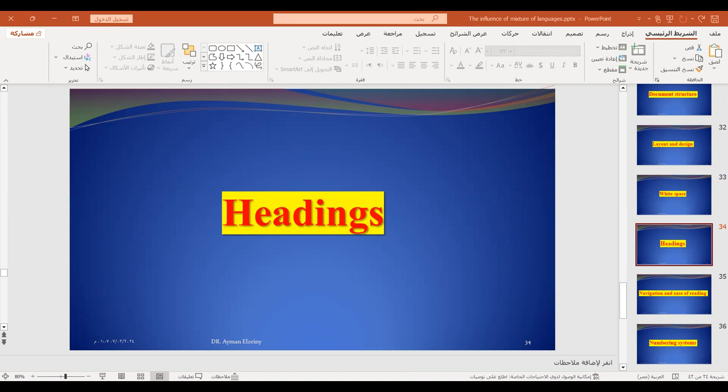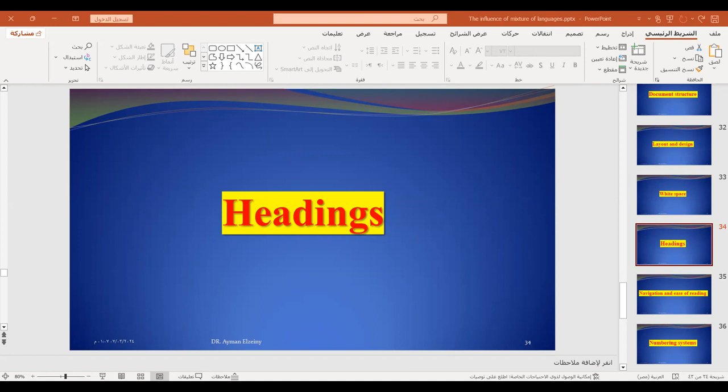In particular, use a bold central heading at the beginning of the document to identify its nature. For example, mortgage or transfer, followed by a bold heading, lower case, and flush left.